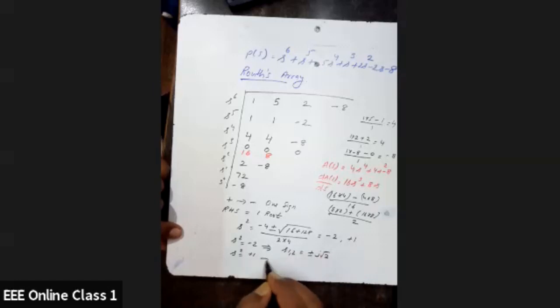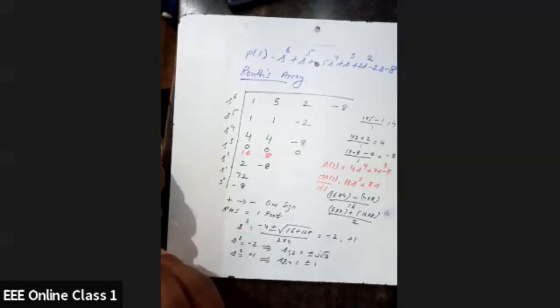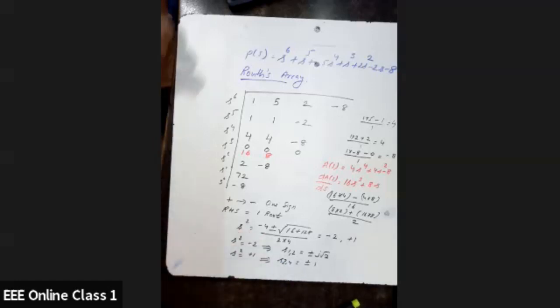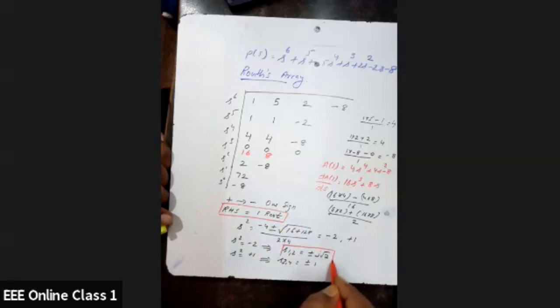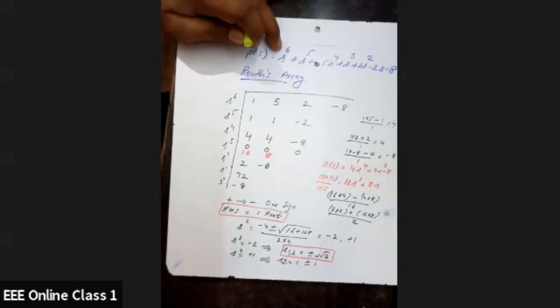And from this, it implies that we have 2 roots, that is plus minus 1. Now we can conclude that we have 1 root in RHS, and we have 2 roots on the j omega axis, and the polynomial's highest power is 6.